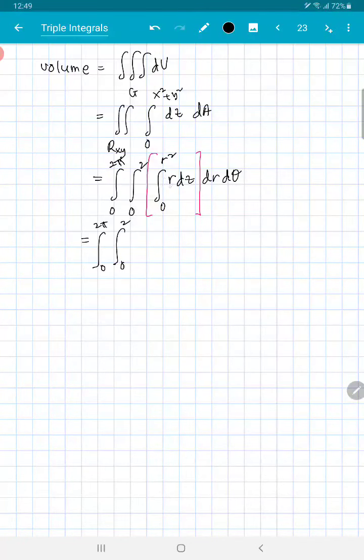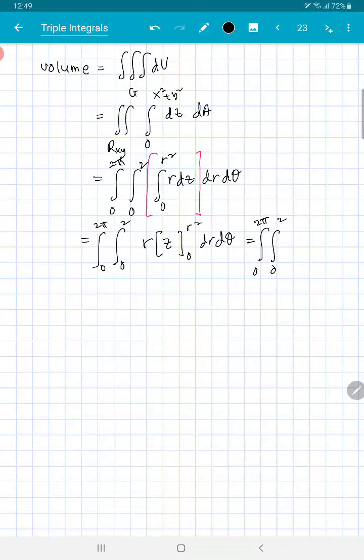The other variable here is r, so that will give you rz. Replacing z with upper and lower limits, we get r squared minus 0, and then r squared times r is r cubed.